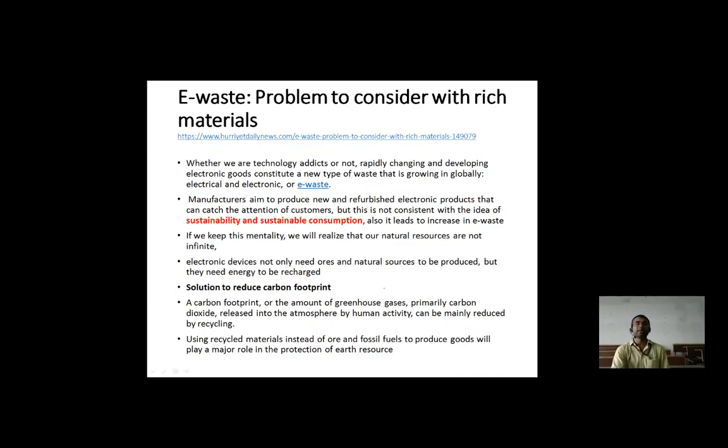Not only to create new ones and spend all the resources of the earth. After spending all these things, what will happen? The earth will lose its hope, and you never know what will happen, as we are seeing the glaciers melting because of the rising temperature from carbon footprint and the greenhouse gases problem.